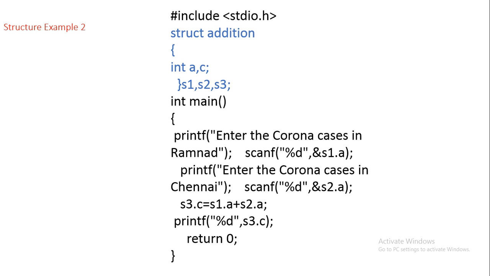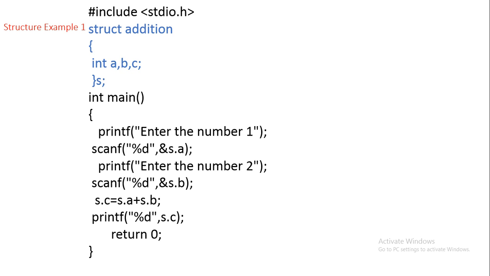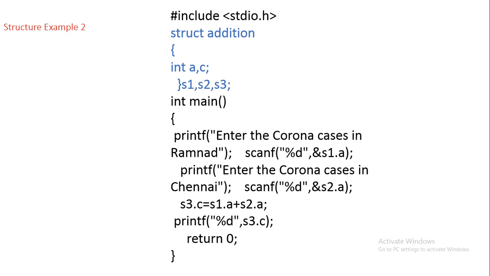The second one is the same, but we are creating multiple objects, not variables. The same struct addition with int a, b, c. Here s is the object, and here s1, s2 and s3 are the objects. You can see an example here: the number of corona cases in Ramnad and the number of corona cases in Chennai.